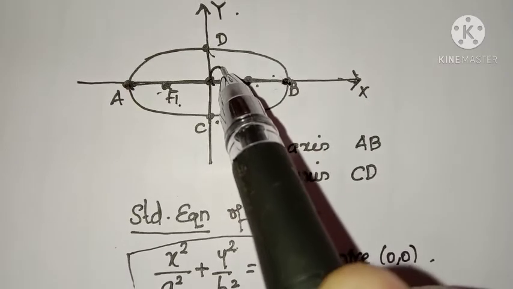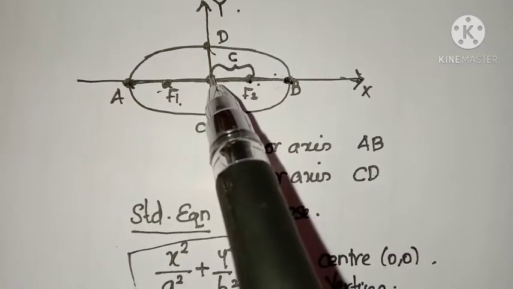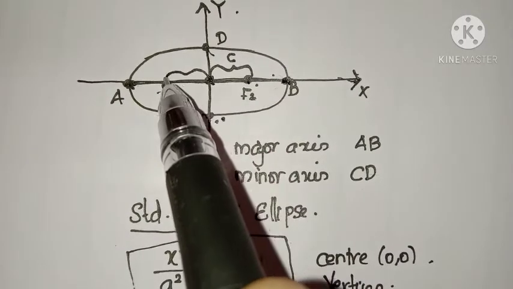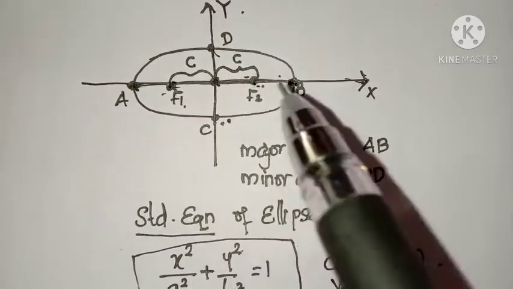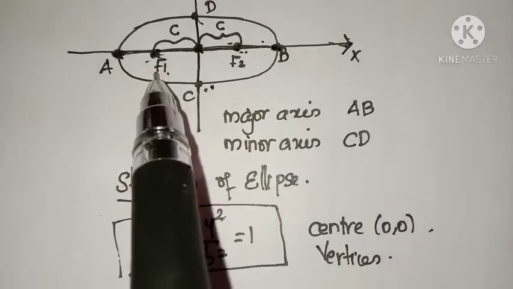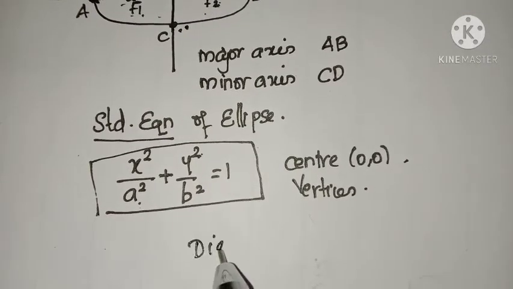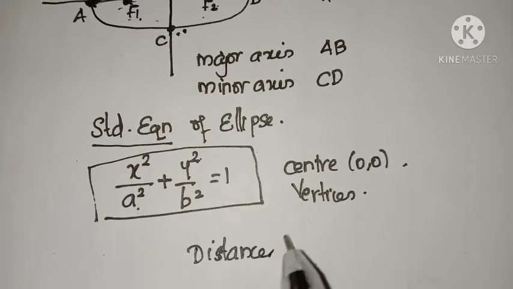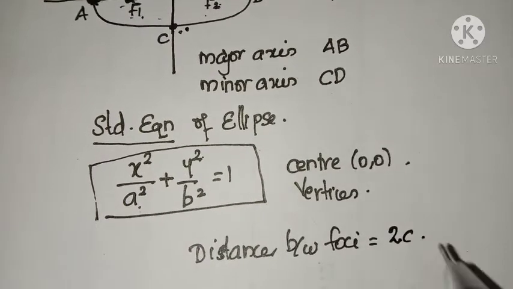We can consider this distance from the center to the foci as C. So the distance between the foci, the distance between F1 and F2, is C plus C, that is 2C. So the distance between the foci is equal to 2C.